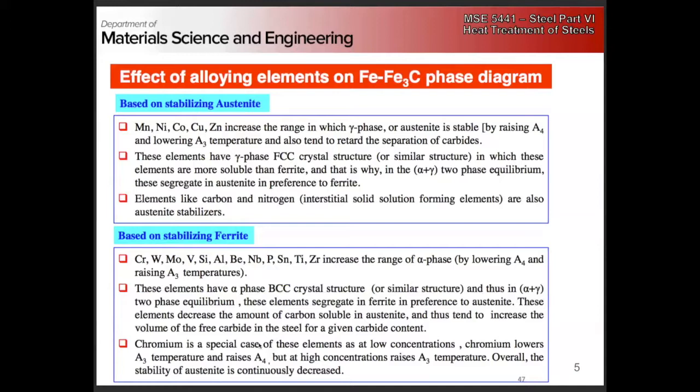Chromium at very low concentrations will stabilize ferrite, but at high concentrations tends to stabilize austenite, right? So austenitic stainless steels tend to have a high percentage of chromium, right? So chromium's a little weird.